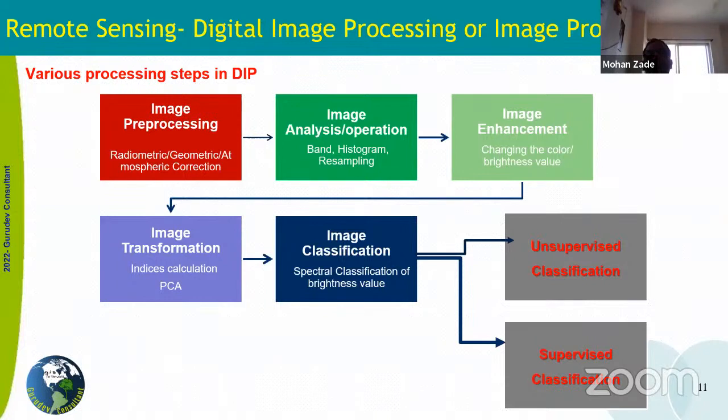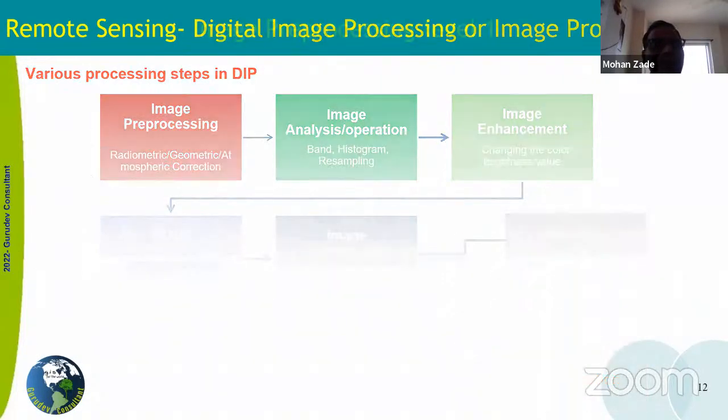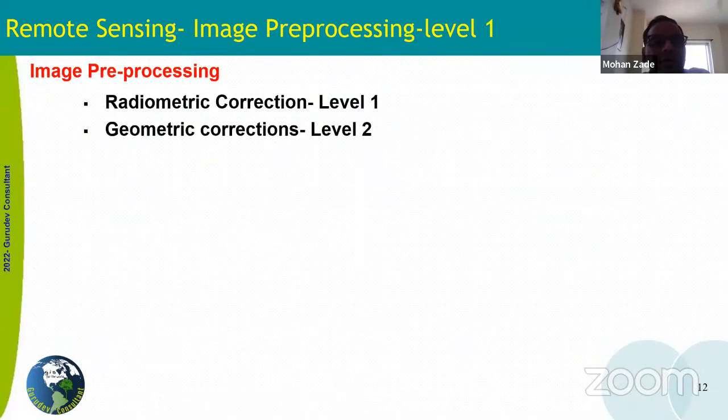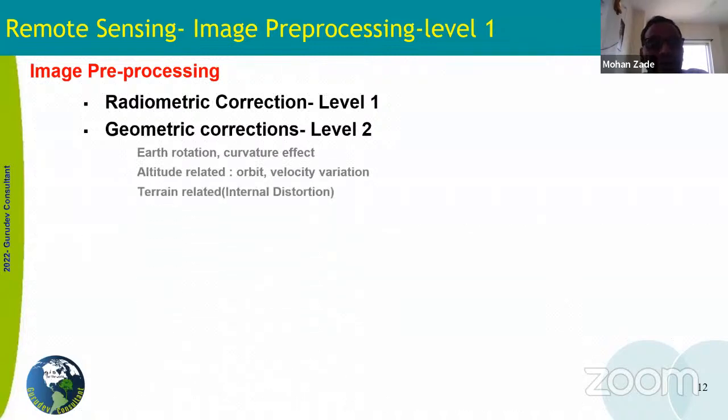So this is just a flow diagram of processing the satellite images. In pre-processing, you do radiometric correction, that is called level 1, and geometric correction, level 2, where you correct some of the effects from the Earth's rotation and curvature, some altitude and orbital variation, and terrain related internal distortions also get corrected using the geometric corrections.